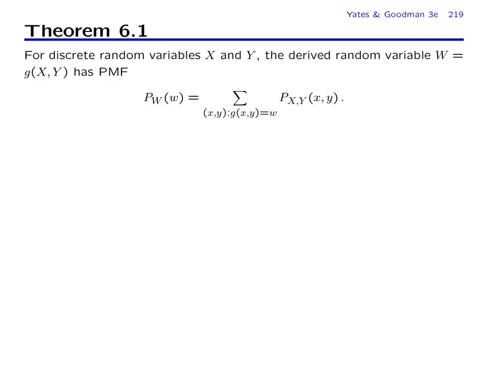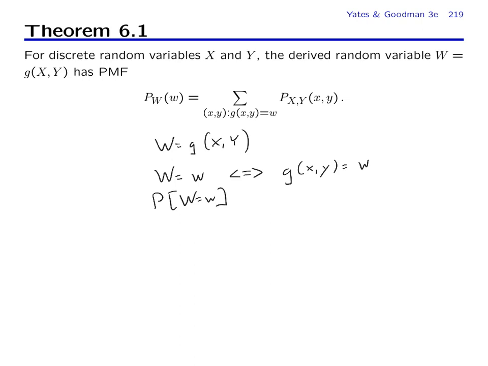Like most things with discrete random variables, the PMF of W is found by a bookkeeping theorem. Since W is g of X, Y, then W is equal to w if and only if g of X and Y is equal to w. So the probability that W equals w is the probability that g of X and Y equals w.